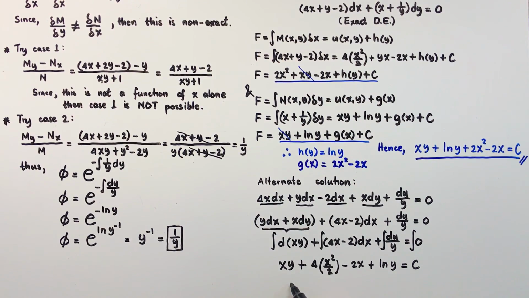Simplifying this one, we have xy plus 2x squared minus 2x plus the natural log of y equal to the constant of integration c. And you can check that this is the same answer as we have in the first solution.